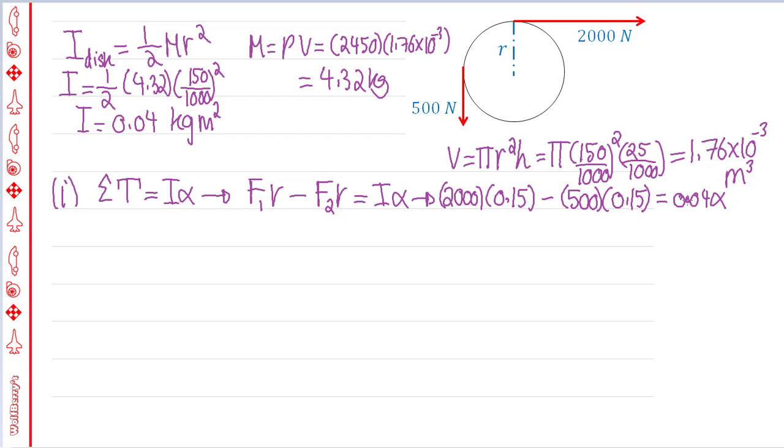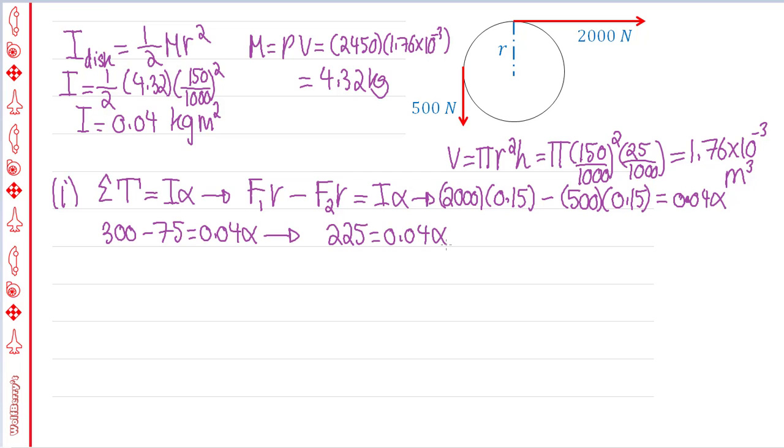Simplifying this equation gives you 300 minus 75 equals 0.04 alpha. Final simplification, 225 equals 0.04 alpha. That's an equation that describes the motion of the system.